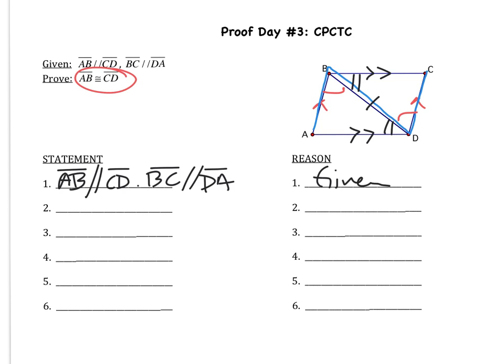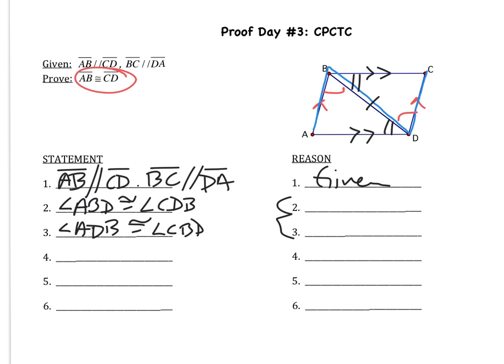When we say that angle ABD is congruent to angle CDB and angle ADB is congruent to angle CBD, the reason for both of them is the same. If parallel, then alternate interior angles congruent.